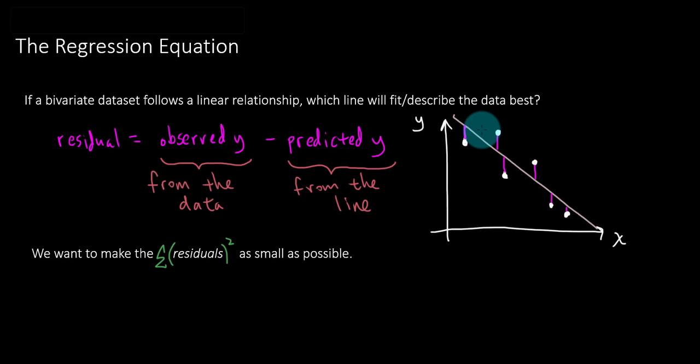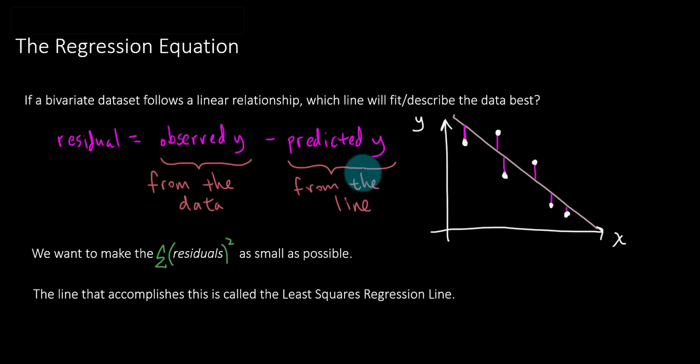You can maybe imagine, what if I had put a line to this data that was definitely not a good line, like this one. You would still have all these residuals, but they would all be so much bigger, right? So you can tell that that would not be the best line. And I'm going to actually delete all of those.